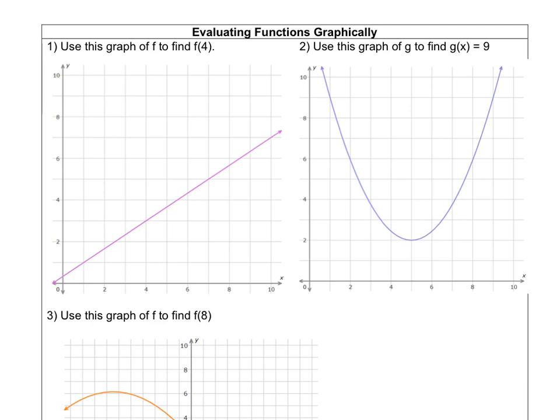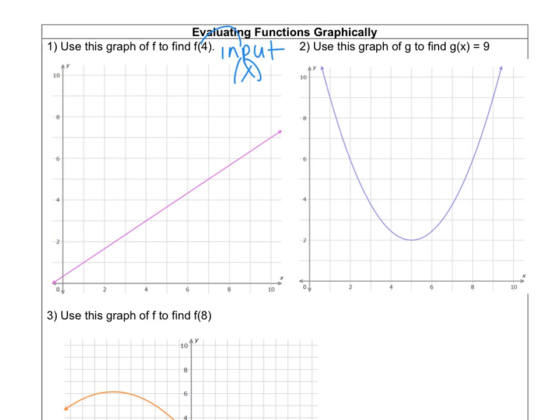On this example, we're going to be using graphs instead of equations, which I think y'all will like better. So we're going to use the graph of f to find f of 4. Remember, whatever is in the parentheses is your input or your x value. So we would input a 4 into the equation, and that would give us this graph, and then it would spit out a y value.